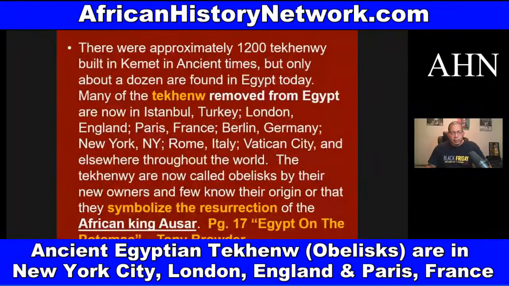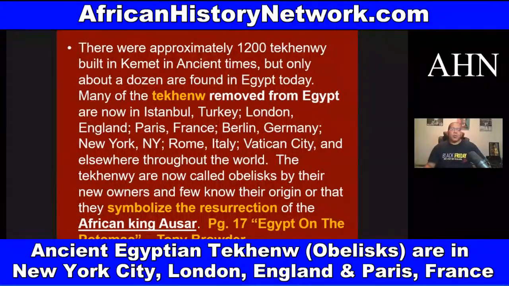The Tekhen comes from the story of Asar being cut up into 14 pieces by his brother Set, and Aset, his wife, recovers 13 of the pieces. The 14th piece is missing, the phallus. So she erects the Tekhen, a symbol of the missing phallus, but also a symbol of resurrection.